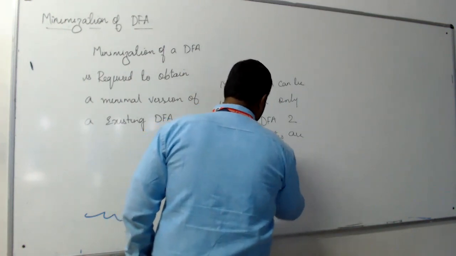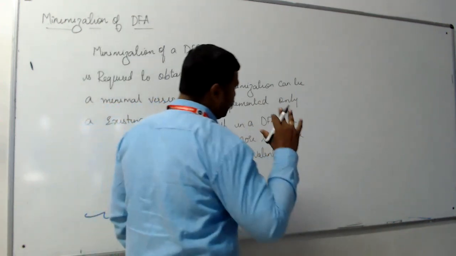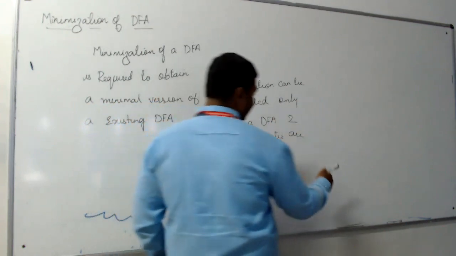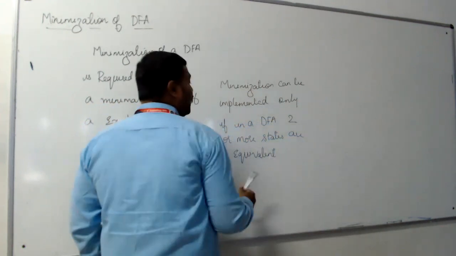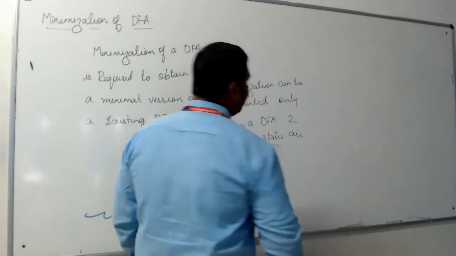So now to reduce the number of states from 5 to 3, I need to have some condition that all the states within that should be equivalent.